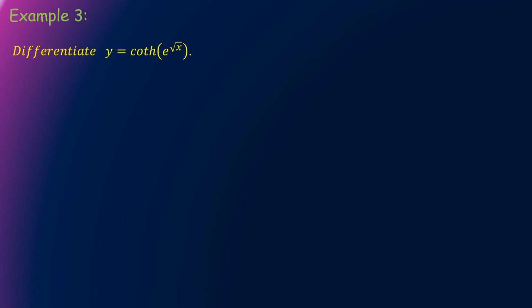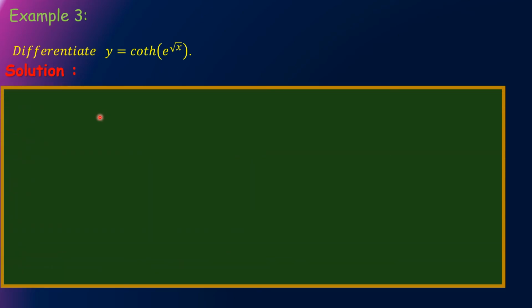Okay, now we continue with example 3. Differentiate y equals cosech of e to the power of square root of x. Here is the complete solution. We are given y equals cosech of e to the power of square root of x. Then we differentiate with respect to x. When we differentiate y, the symbol is dy over dx equals.